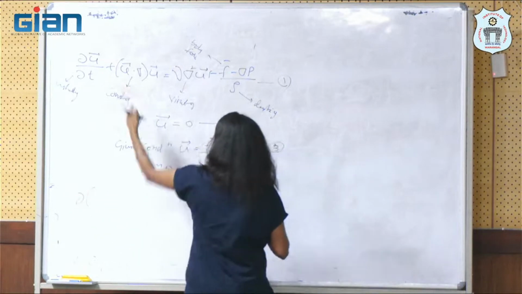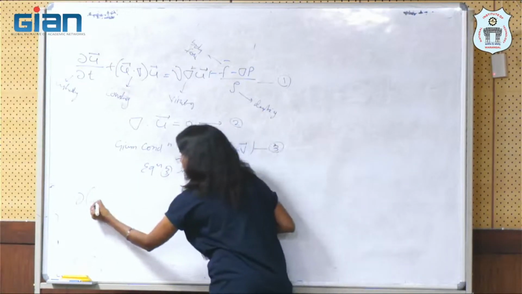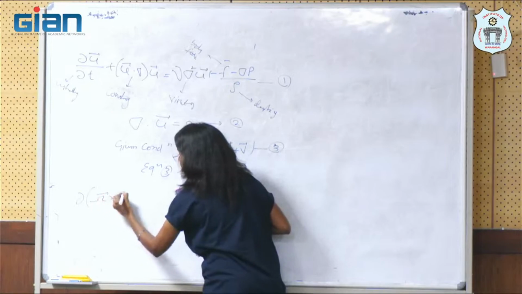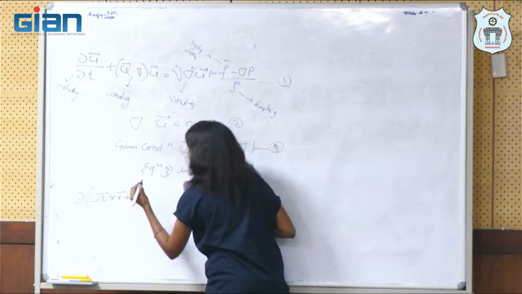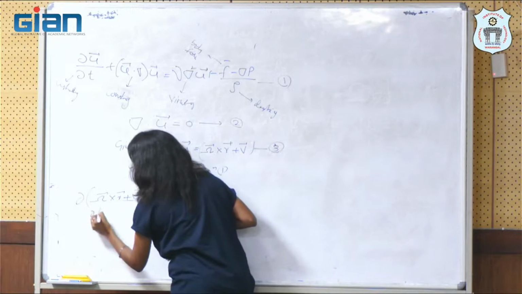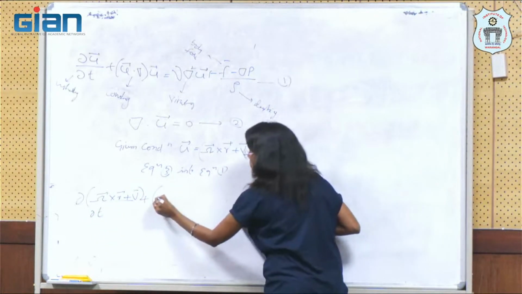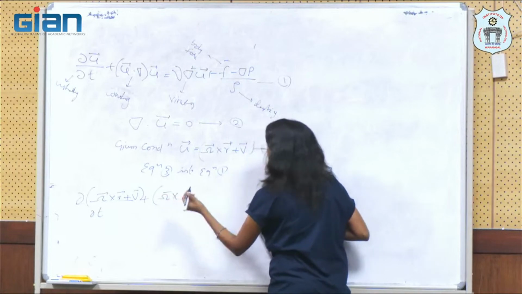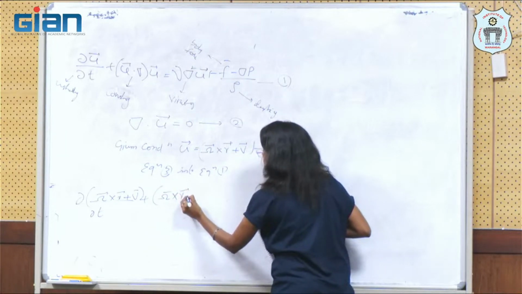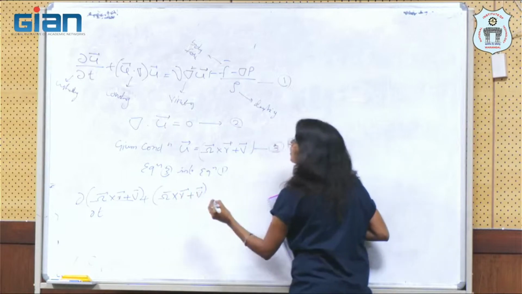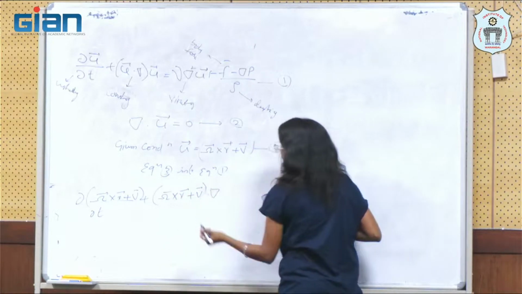U bar is the given condition, omega bar cross R plus V, so we have dou by dou t plus U bar, which is the same, omega bar cross R plus V bar, and nabla.